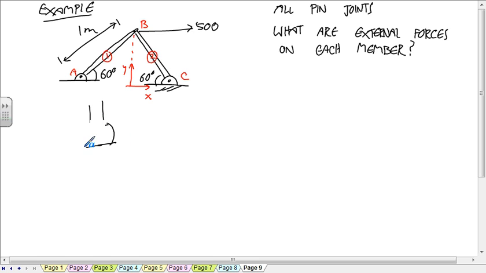Okay, so you have one member like this, and connected to it is another member like this. And the way these are attached is this pin goes through the center of them like this. Okay? So that's a pin joint.